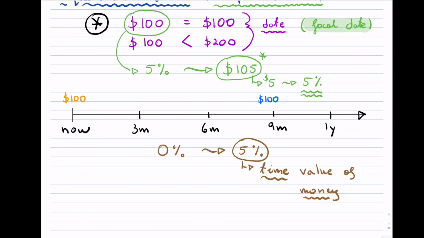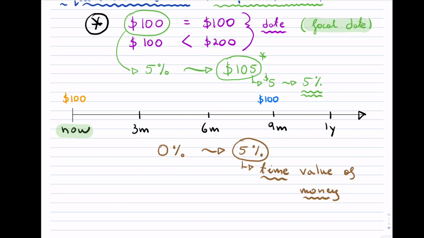Just for the sake of it, there's a very easy way: we can pick today to be the focal date, because we already know that the $100 today is worth $100 because it is today.